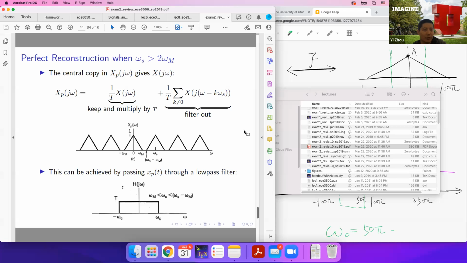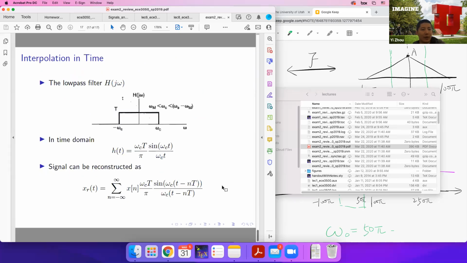And in the reconstruction phase, we do a low-pass filtering with a proper cutoff frequency. Okay, once we have that, we can do an inverse transform to perfectly recover the original signal.